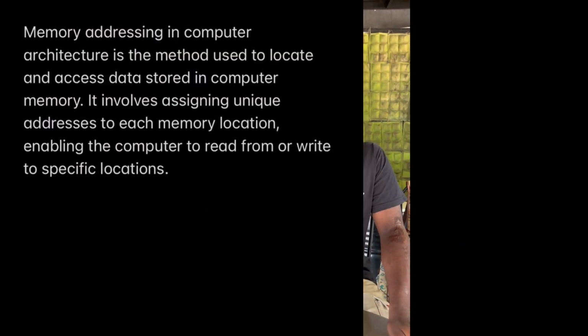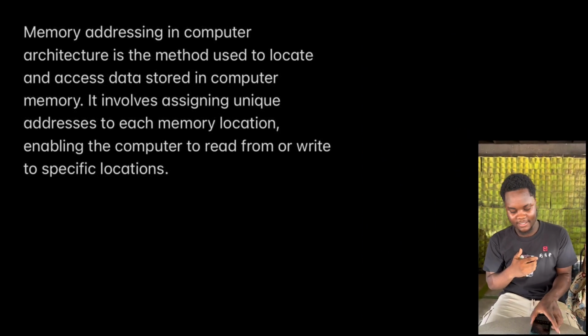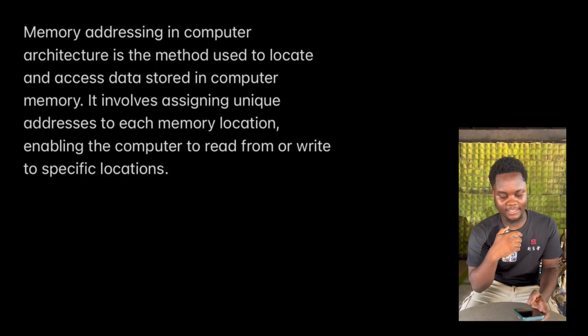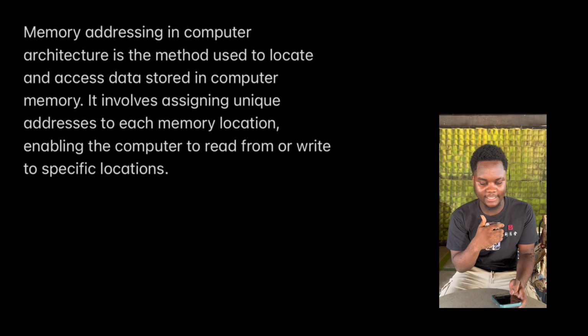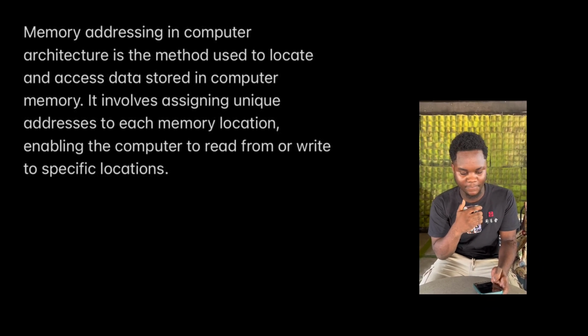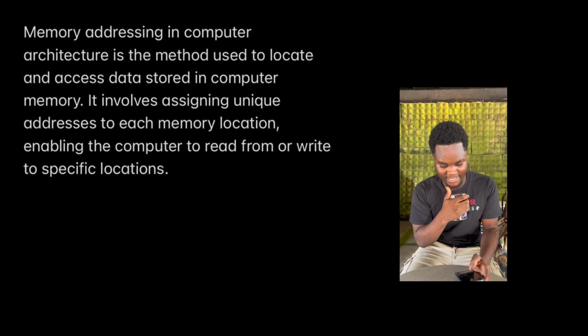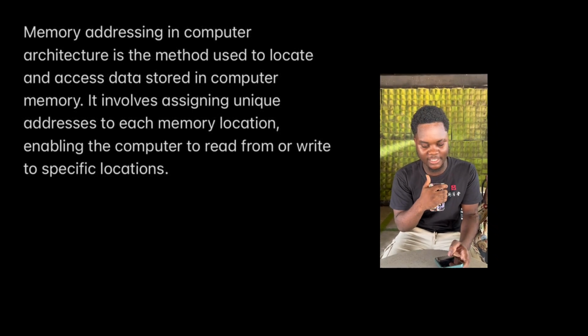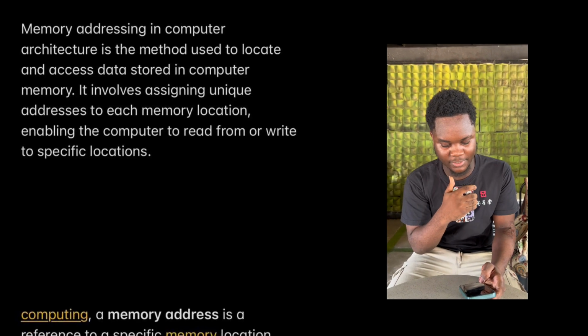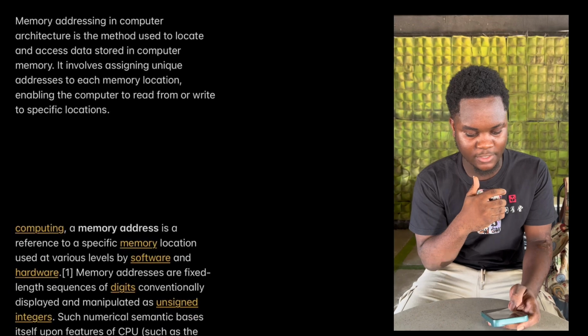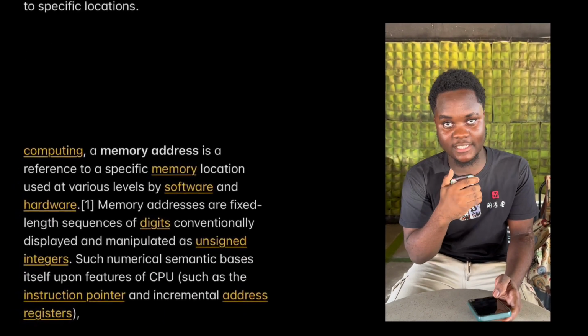I'm Mino Emmanuel, and I'll be presenting on memory addressing. Memory addressing in computer architecture is a method used to locate and access data stored in a computer memory. It involves assigning unique addresses to each memory location, enabling the computer to read from or write to a specific location.